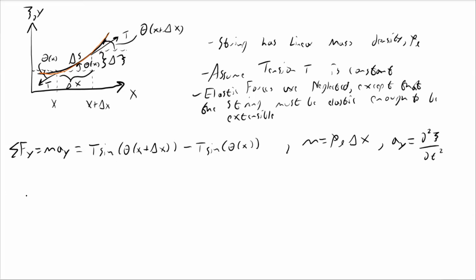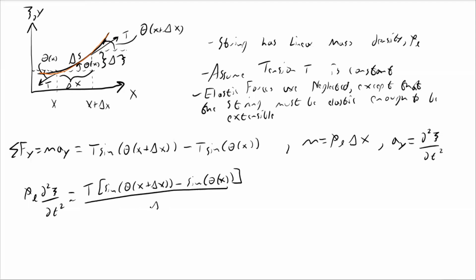So we put everything together and we get rho L d squared c dt squared is equal to T times sine theta at x plus delta x minus sine theta at x, all divided by delta x. I'm moving delta x to the right hand side.